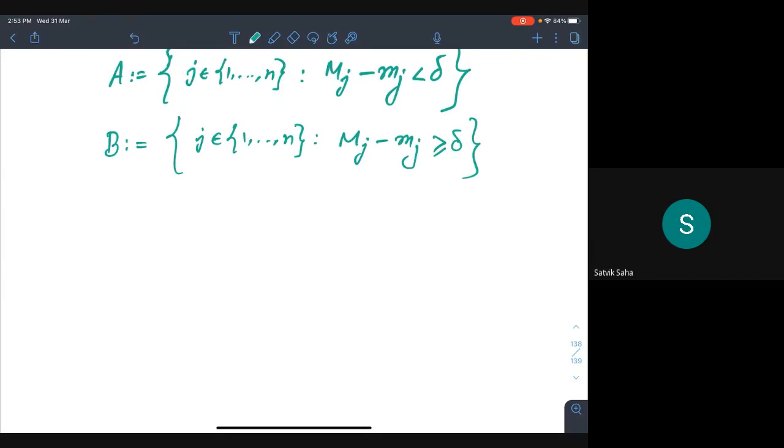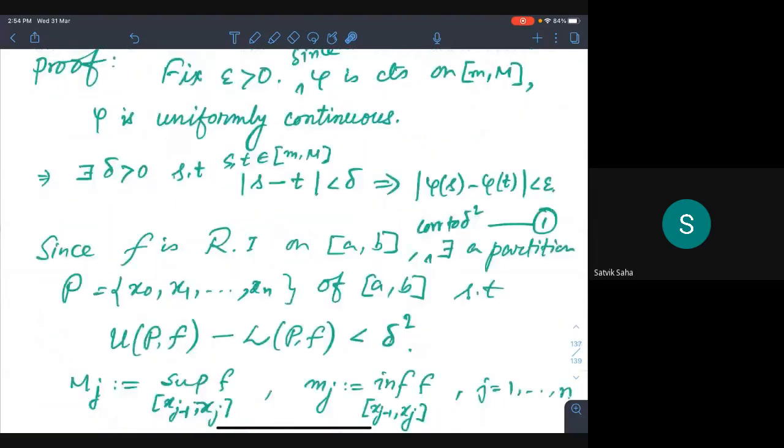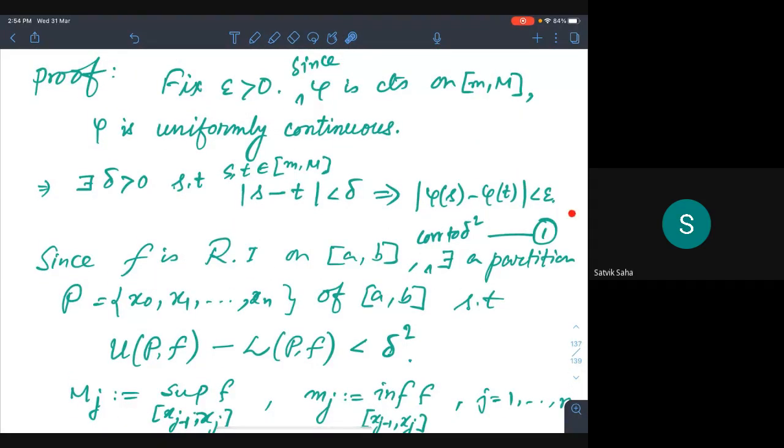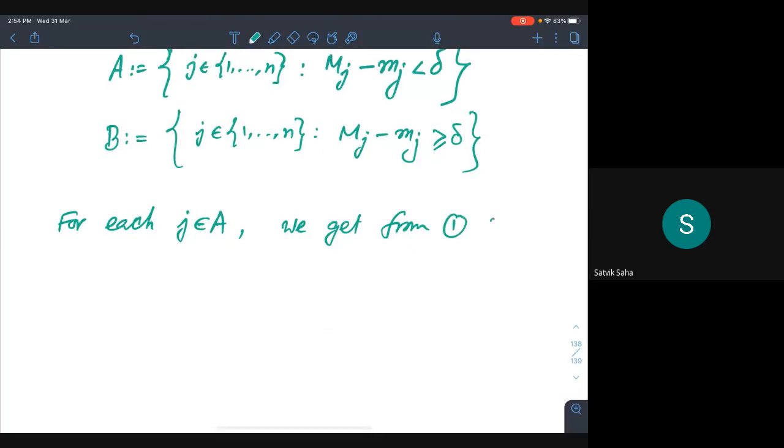Now suppose for each j belongs to A, we get from this one, from where? From here, right? One that mj star minus small mj star is less than epsilon, right?